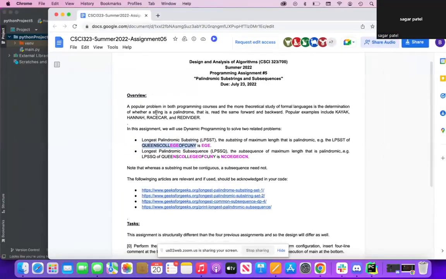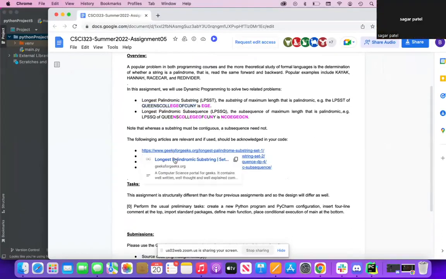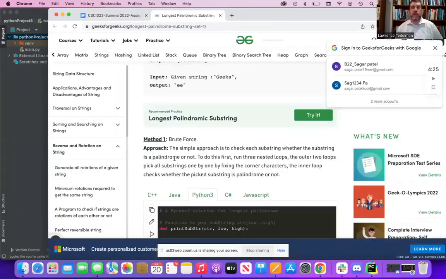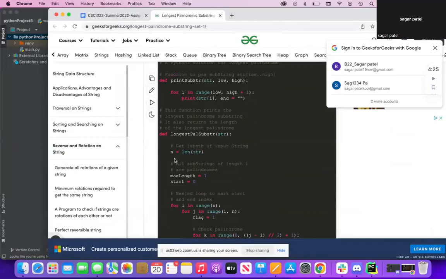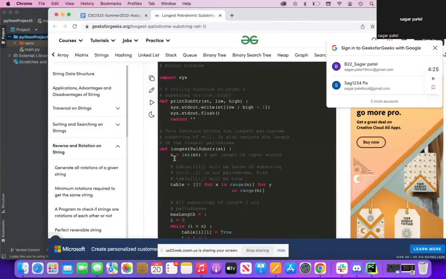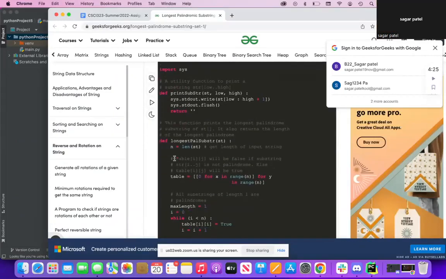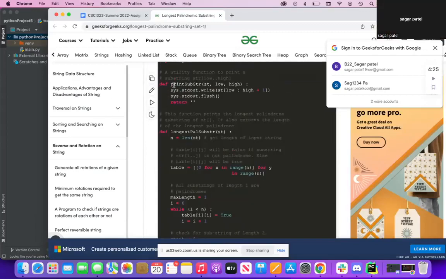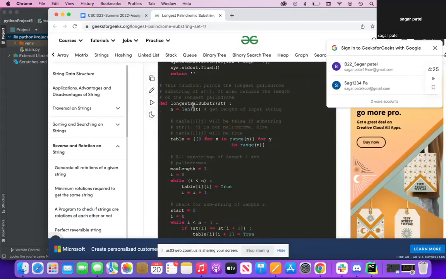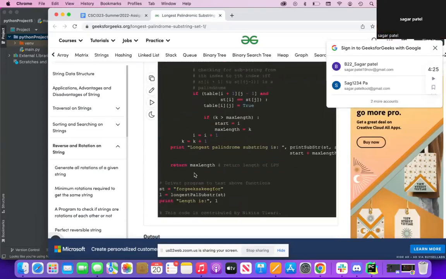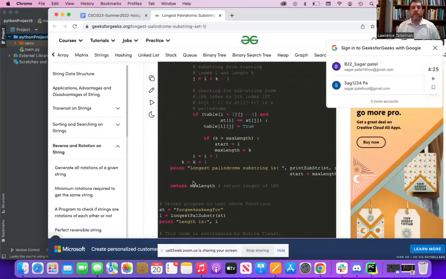So I have 4 links there, all right? One is the palindromic, and one is the substring. We do not want the brute force. We do not want the brute force. Okay, yeah, you could grab that.